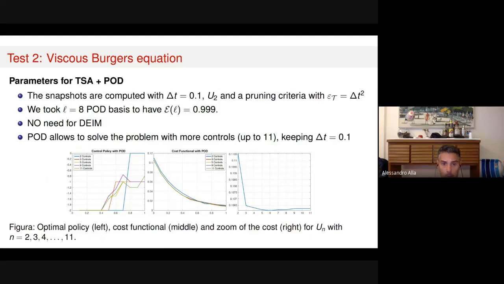I also want to mention that without model reduction, we were not able to do the approximation with 11 controls, because the dimension of the trees is increasing. And the pruning without model reduction is also harder and very slow.